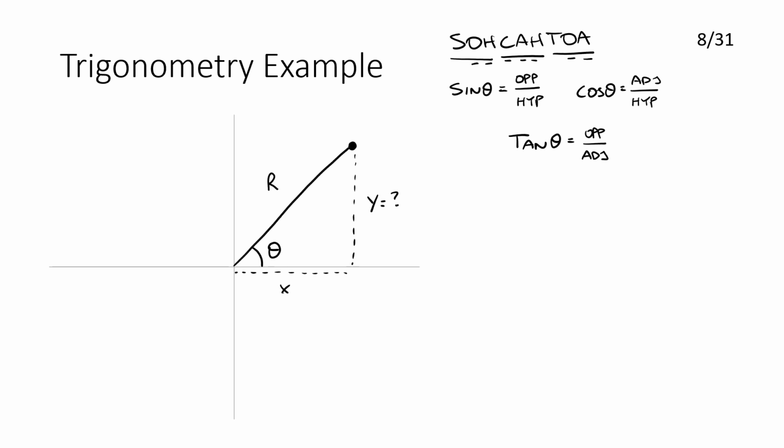So we have x, theta, and r. What are these, though? I have over here in the example opposite and hypotenuse. What exactly are these terms?